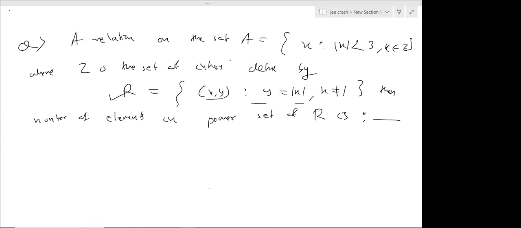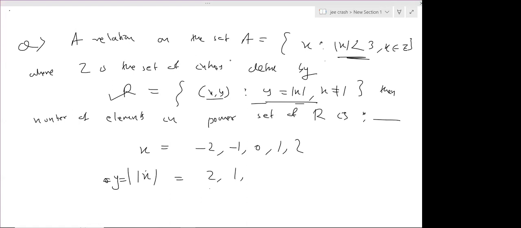How to solve this? Mod x is less than 3, so the value of x can be -2, -1, 0, 1, and 2. The relation is y equals mod x, so y will be 2, 1, 0. x cannot be 1, so that is irrelevant.